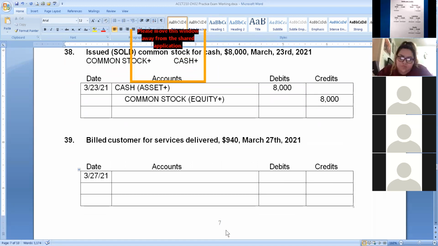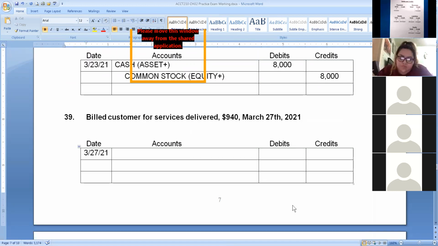Billed customers for services delivered. This one I should have had earlier probably. This is a normal entry you'll do all the time. What accounts are we going to use for this one? Would it be service revenues and accounts receivable?